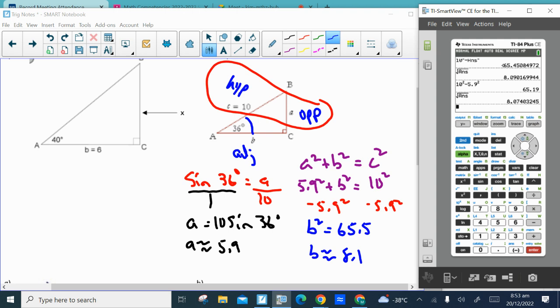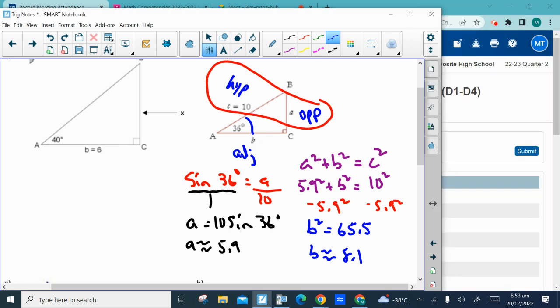If you compare it to what we got above here, it is different though, because this was 8.09016994. This one is different, 8.07. So if you were rounding these answers to the nearest hundredth, 2 decimal places, it would make a difference in the answer. To the nearest tenth, in this case, it doesn't, but sometimes it will.